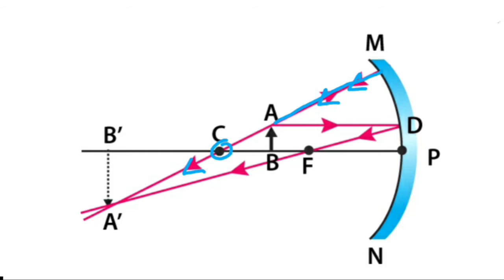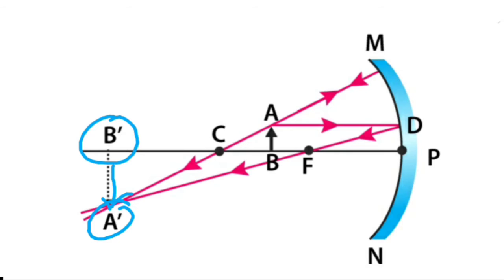This is the point where they intersect, which is A dash. If you draw a normal from the principal axis to this intersecting point, you get an image which is inverted, in the downward direction, and also real, because it is formed in front of the mirror by the real intersection of the two rays.